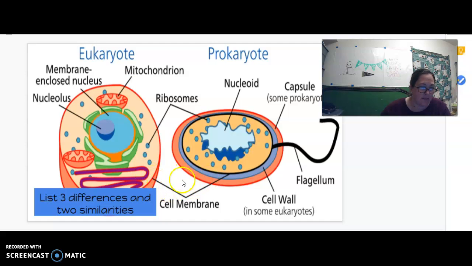And all cells have a cell membrane, and they have genetic information in them. And then another thing they have in common is ribosomes. Ribosomes are used to make protein, and then proteins are used to carry out daily functions of the cell. And they also determine our traits. So proteins help determine our traits.